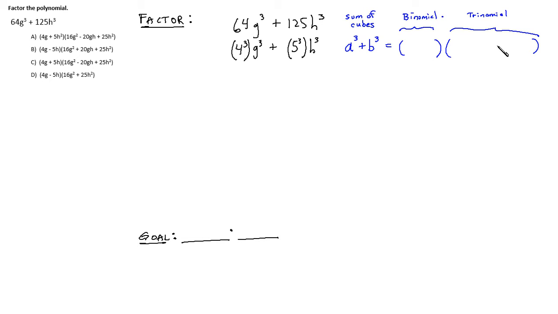Usually in exams and tests, students are expected to come in having these formulas memorized. So the formula for sum of cubes is a binomial times a trinomial. We have a and b, and then in the trinomial we have a squared, ab, and b squared.